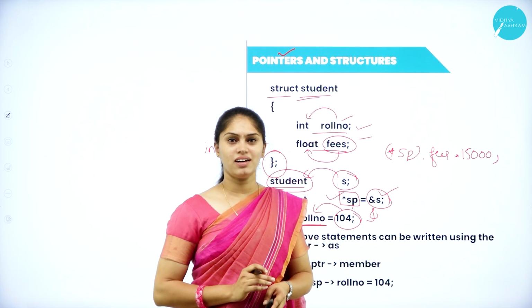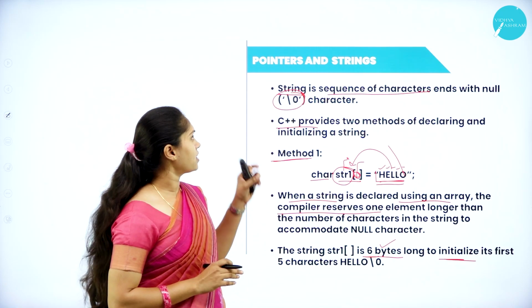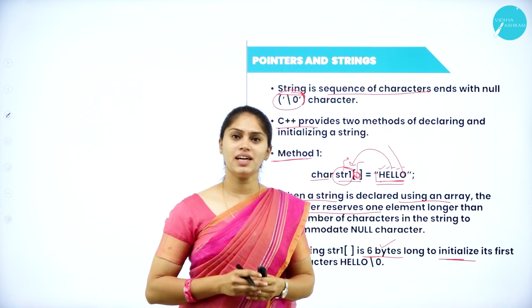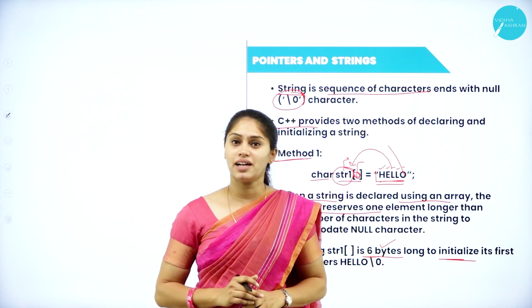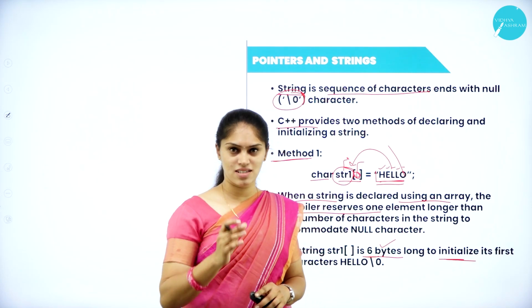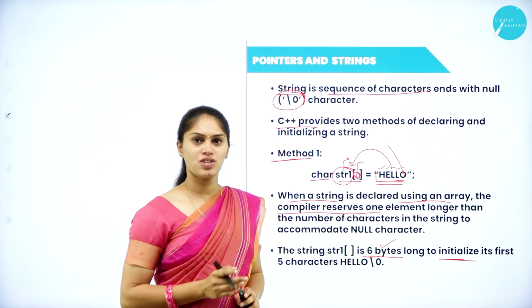In today's session, we learned about the relationship between pointers and structures and what are the methods that we can apply for pointers and strings. Mainly, it focuses on the base address or first element of a string, starting from the 0th index and must end with \0.